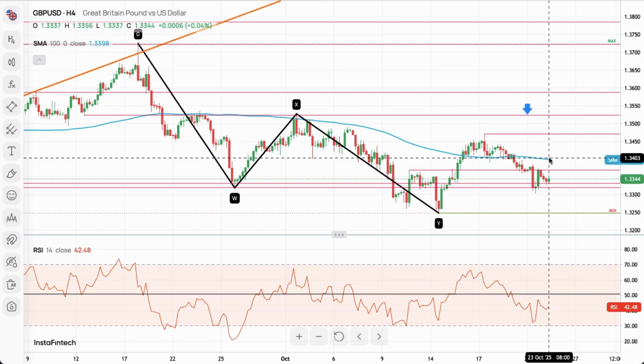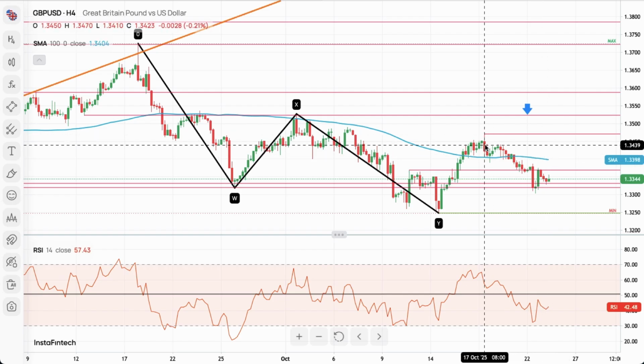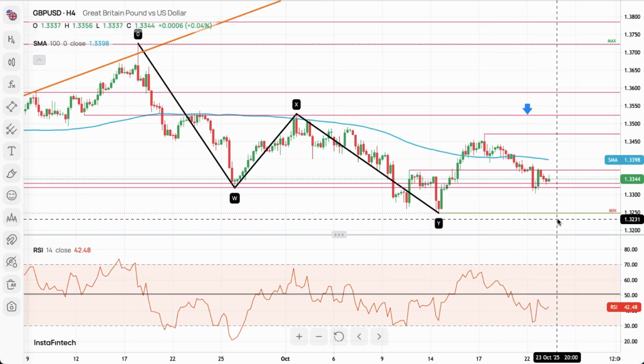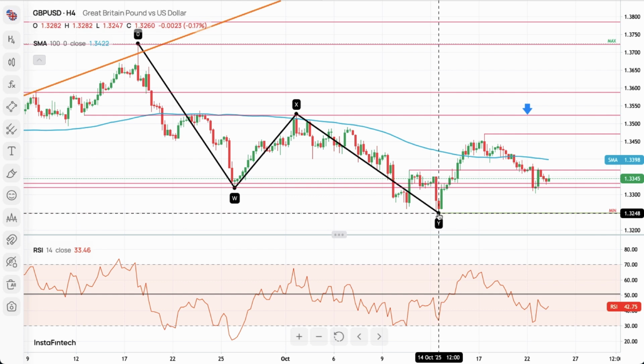We are trading below the 100 periods moving average. We got our local high at 1.3470. Negative momentum supports our bearish outlook, and the target is the low of the wave Y, located at 1.3248.